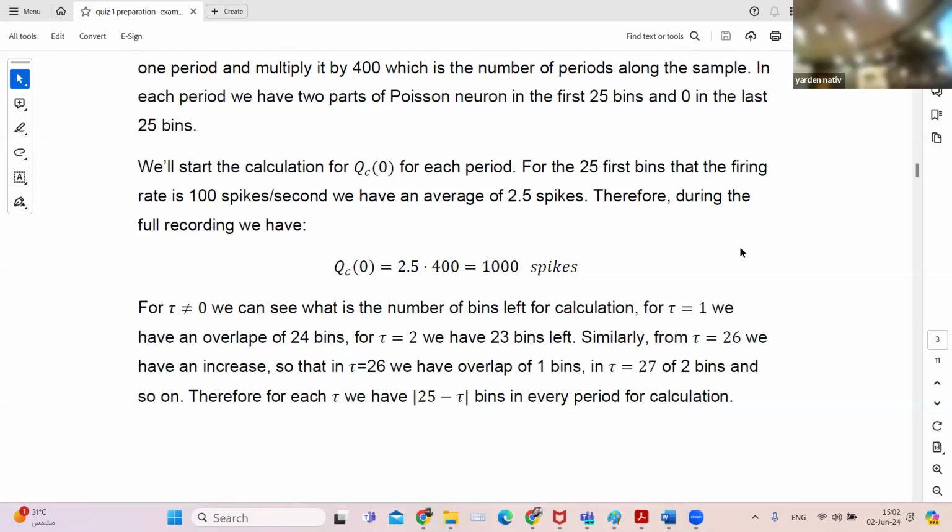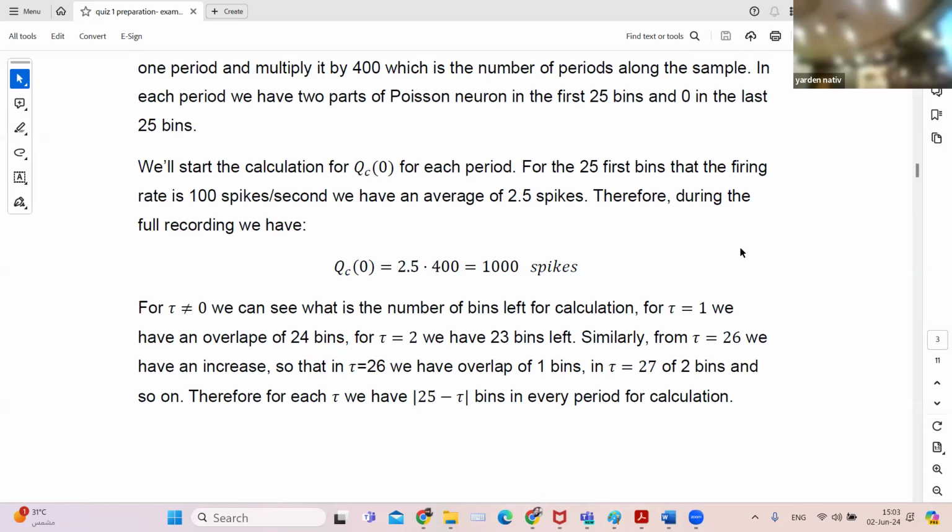So I'm looking at the bit of one millisecond. And I'm asking myself, what is the probability that there is a spike here and another spike here? So the probability of a spike here is 0.1. It's 100 divided by 1,000. Spikes per second, this is the rate, divided by 1,000, because you look at a specific 1 millisecond.